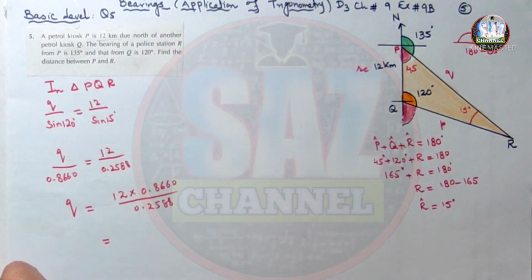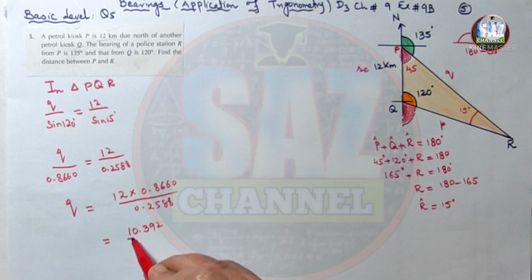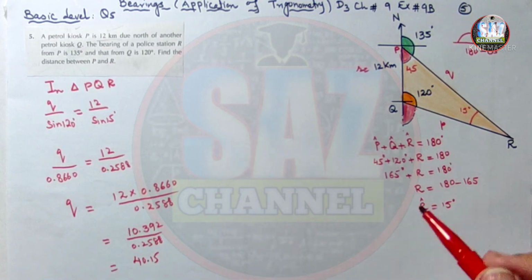Q equals to 12 multiplied by 0.8660 is 10.392 divided by 0.2588, and now I have to divide this answer by 0.2588, and this gives me 40.15, and measurements are in kilometers.